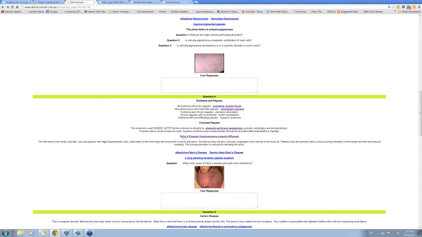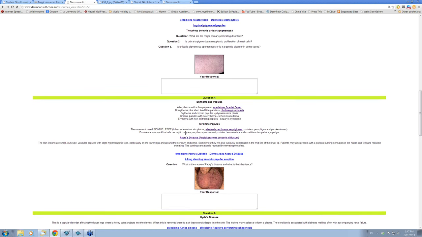So have a look in here at DermNet on that particular condition. But circinate papules, elastosis perforans serpiginosa, and pustules we've said would include necrolytic migratory erythema. That's the glucagonoma syndrome. They get advancing pustules at the edge of an area coming out from the flexures, particularly the buttocks and the like. And it may have a picture that's very similar to this, acrodermatitis enteropathica, zinc deficiency. Except that's usually seen in little kids, premature babies, or mothers who've got milk that's deficient in zinc, and the little kids get the acrodermatitis enteropathica.